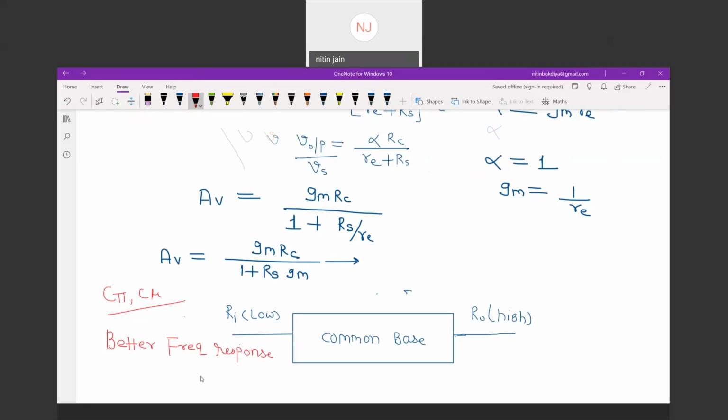Better frequency response. So this is the idea for the circuit, common base, है ना? Impedance transformer. So with this note, let's try some questions based on these amplifier circuits. जो दो हमने पढ़े हैं उस पे एक आध क्वेश्चन ट्राई करते हैं, then we will go for the common collector. चलो देखते हैं.